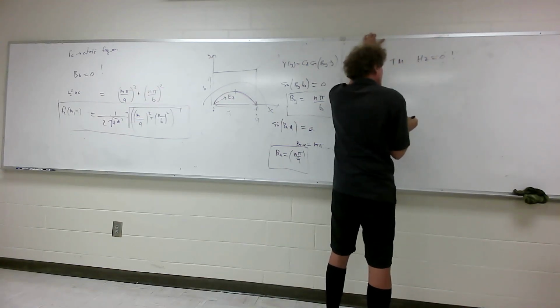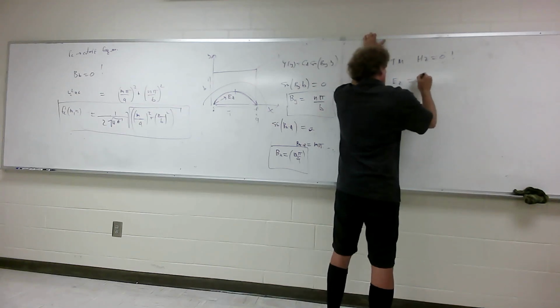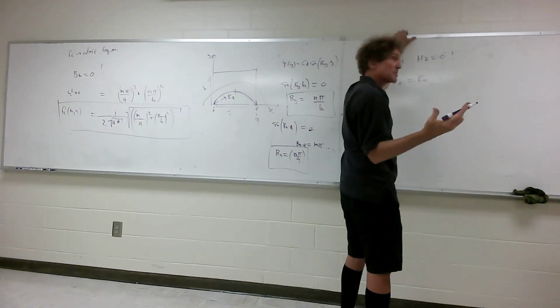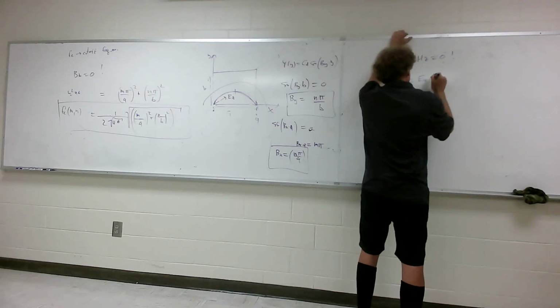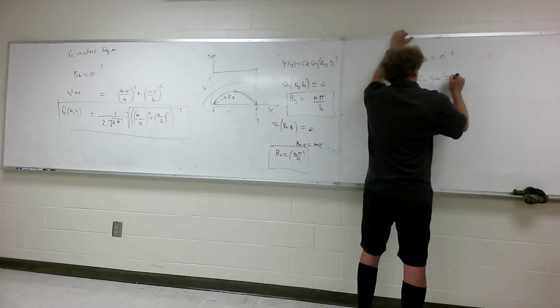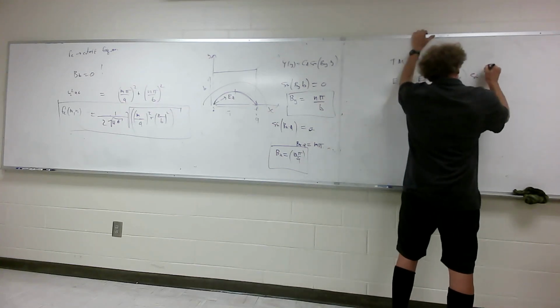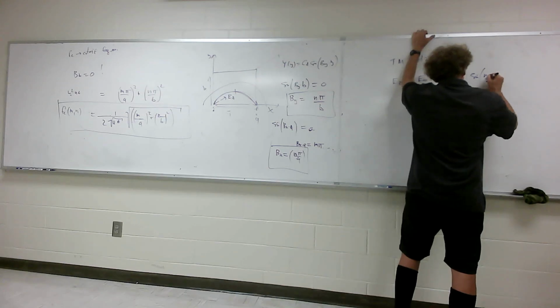This is a rectangular waveguide. Now we have Ez equal to some E naught. That's just a constant. It's going to be times the sine of m pi over a times x, times the sine of n pi over b times y.